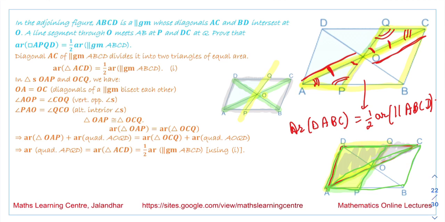So finally what we get is that the area of the quadrilateral APQD is equal to half the area of the parallelogram ABCD. Why? We are using this result, that the area of triangle ABC is equal to the area of triangle ACD, which is equal to half the area of the parallelogram ABCD.